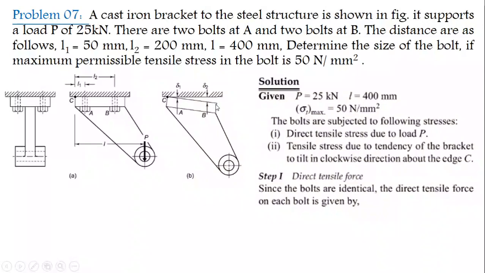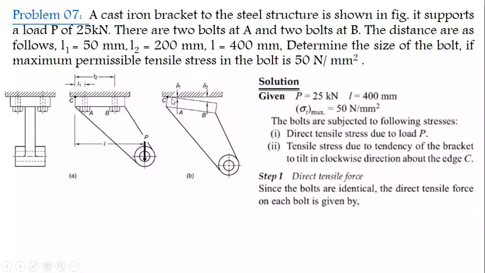This is the nearer distance from the tilting point. Here bolt A is the nearest distance from the tilting edge, so here the force acting is a minimum amount compared to bolt B. So here the displacement is a small amount.